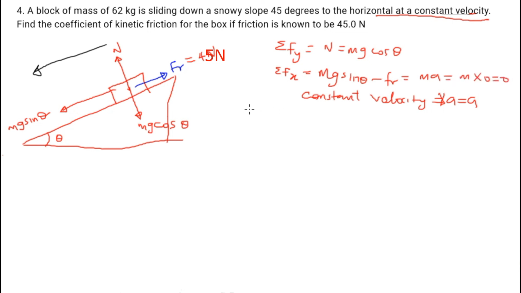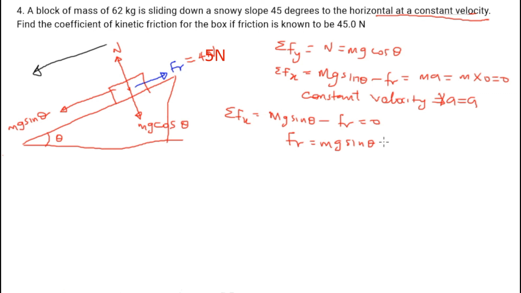The net force on the x-axis will be equal to 0, that is mg sine theta minus Fr equals 0. So by adding Fr to both sides, I'll have Fr equal to mg sine theta.